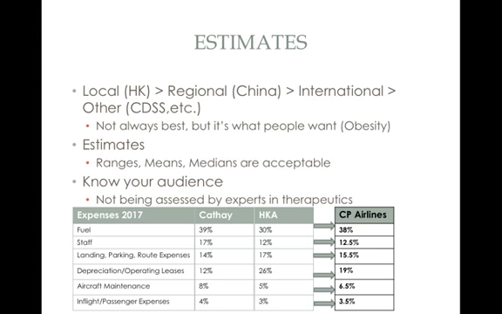Now she can explain that she plans on doing a lot more long-haul flights, so her fuel cost will be more closely resembling Cathay than Hong Kong Airlines and can explain the other expenses listed here.